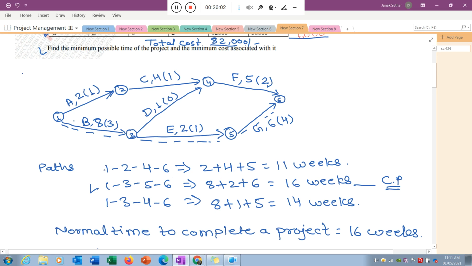Now the next thing is, this is the critical path, so which activities are present in that critical path, that is nothing but the critical activities. So here the critical activities are B, E and G. These three are the critical activities. If you reduce any one activity by a particular time, by 1 week, by 2 weeks, then it will directly reduce your project time.